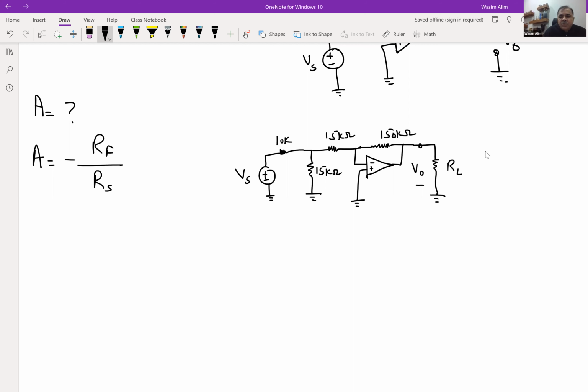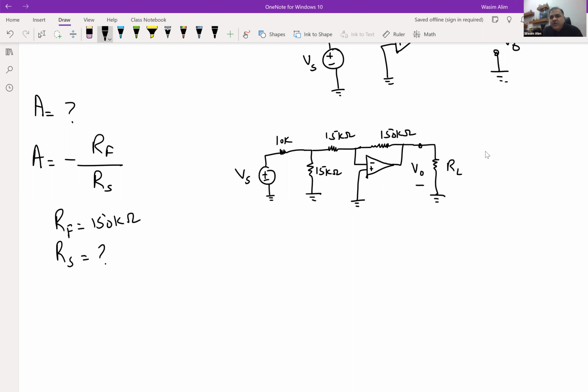RF I know is 150 kilo ohms. But what is RS? RS is not in a standard form here.